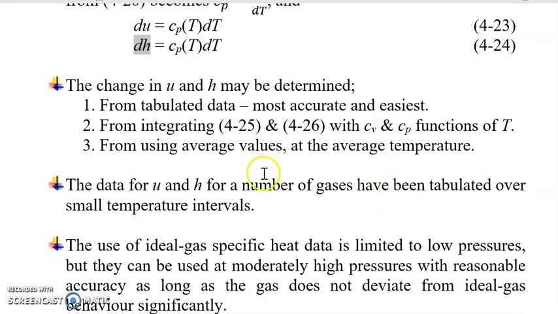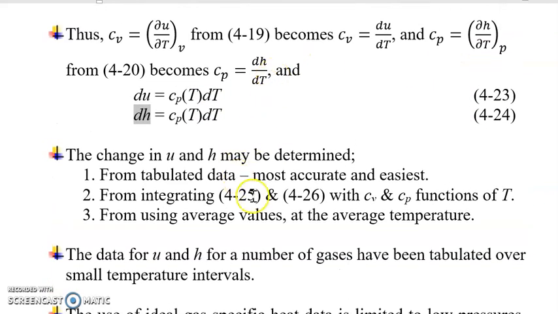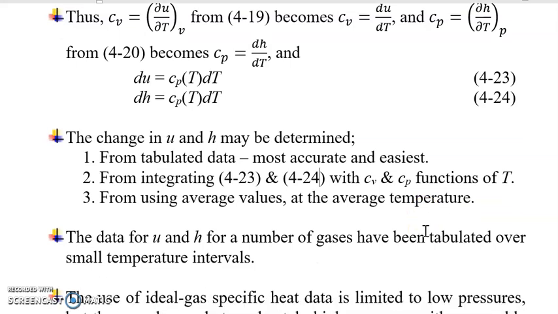The first approach is obtaining the change from tabulated data, which is the most accurate and easiest if you have extensive tabulated data. The second approach is integrating 423 and 424 with Cp and Cv as functions of temperature. And the third approach is using average values at the average temperature.